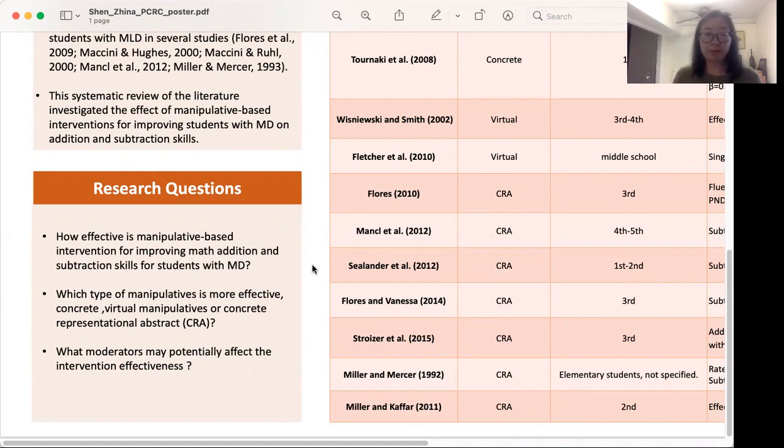My second research question is, which type of manipulatives is more effective: concrete manipulatives, virtual manipulatives, or the concrete representational abstract sequence, which we call the CRA sequence? The third research question is, what moderators may potentially affect the intervention effectiveness? For example, is grade level a potential moderator?